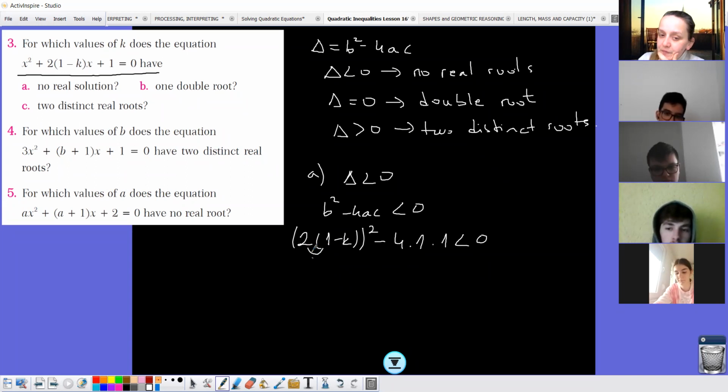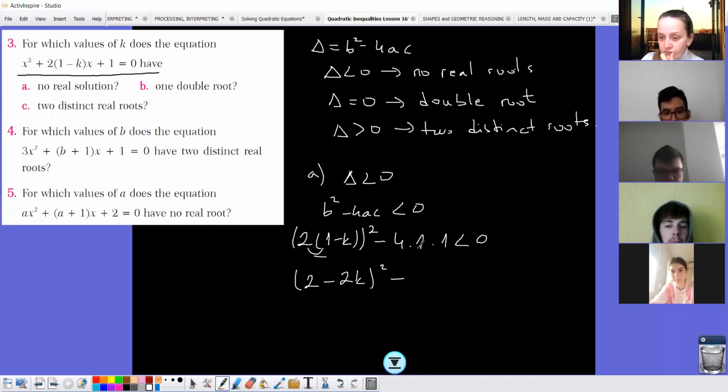Or firstly, let's do the multiplication. We have (2 minus 2k) squared, minus 4 times 1, which is again 4. Now, how will we open the binomial square, Stephanie?